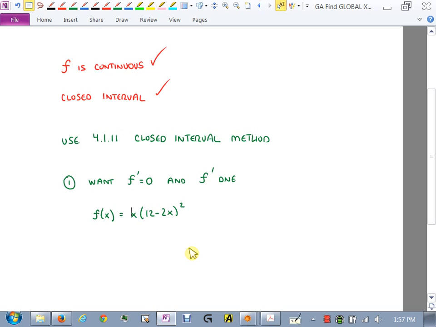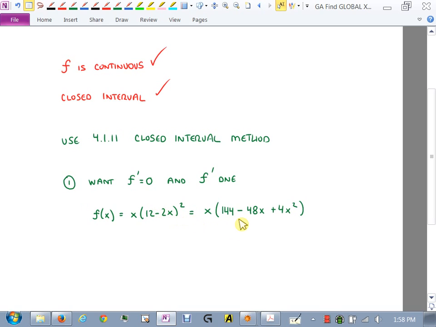I kind of want to take the derivative and use product rule and some chain rule, but I also kind of would just want to multiply this all out before I take the derivative. You don't want to multiply it out? Okay, what's 12 minus 2x squared? Like 144 minus... you would have to expand this properly, right? 12 minus 2x times 12 minus 2x and FOIL it out, right?